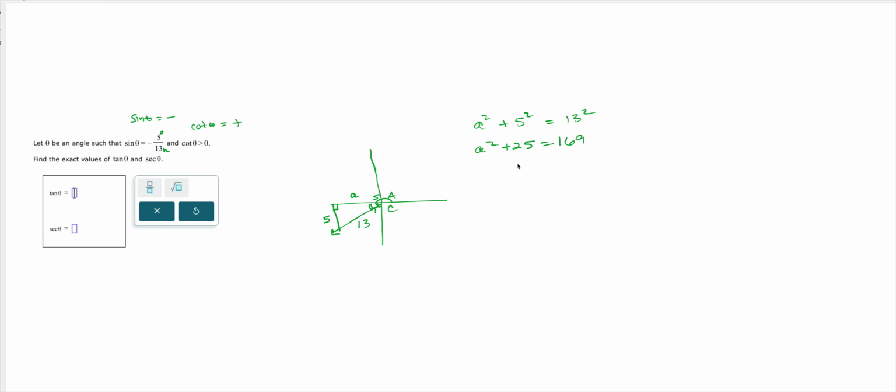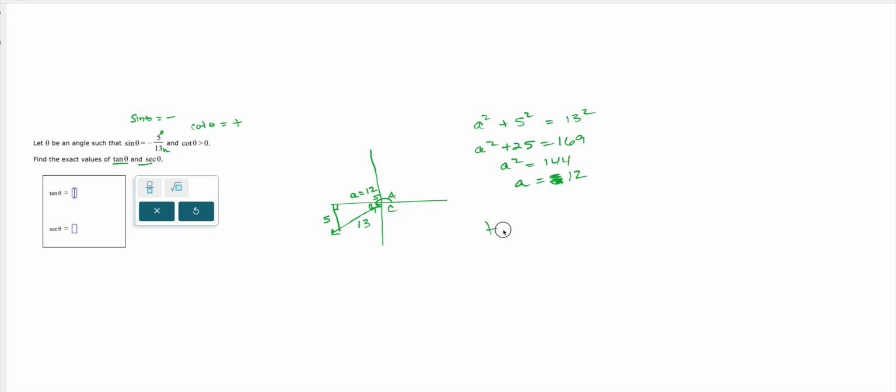So similar to the one that we just did, we'll have a squared is equal to 144, and again, a in this case will be 12. 169 minus 25 is 144, and the square root of 144 is 12. So a is equal to 12.